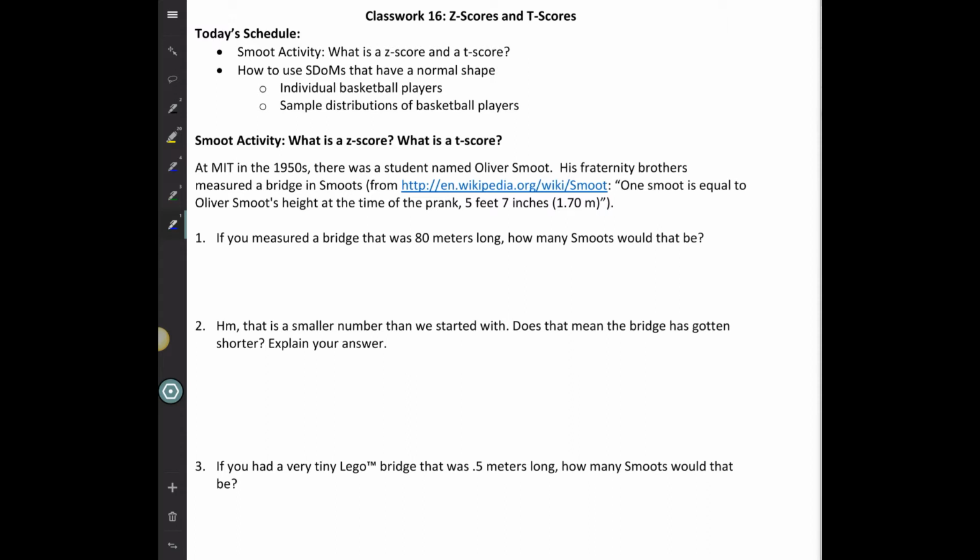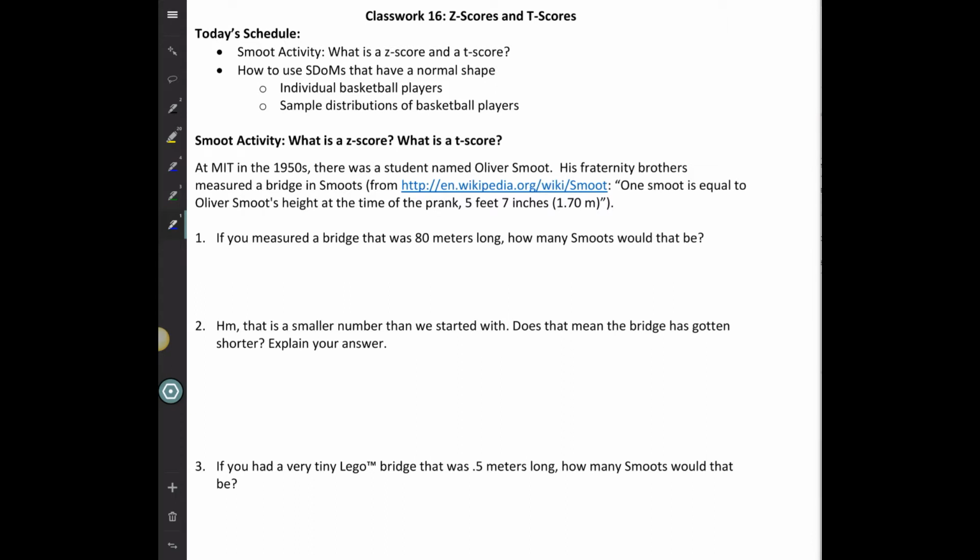Now, this is a weird story, but it's a true story. Oliver Smoot was a student at MIT in the 1950s. He was in a fraternity and apparently was involved in a sort of prank where his fraternity brothers measured a bridge in Smoots.